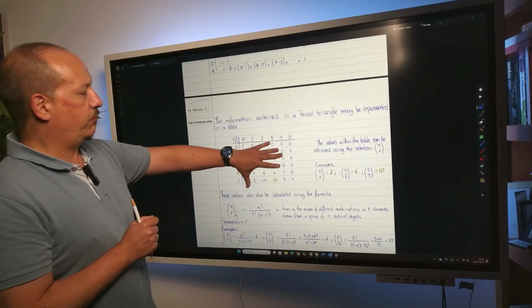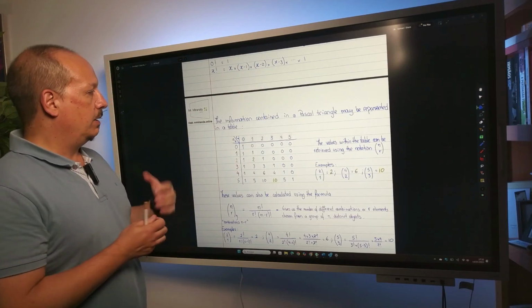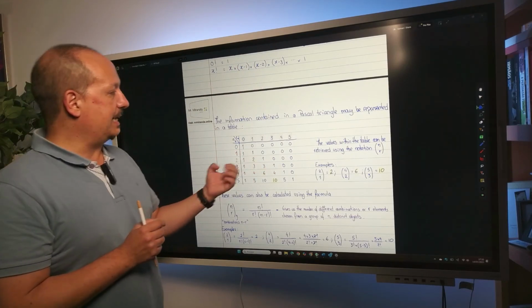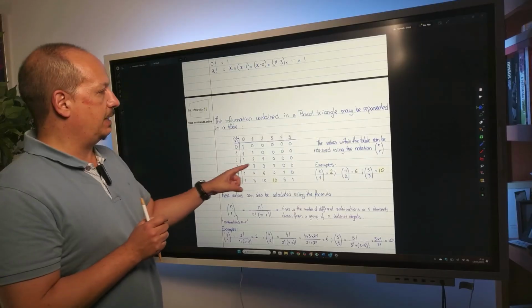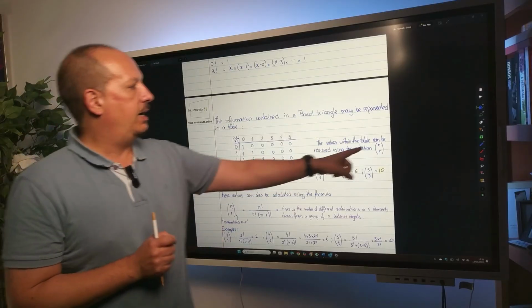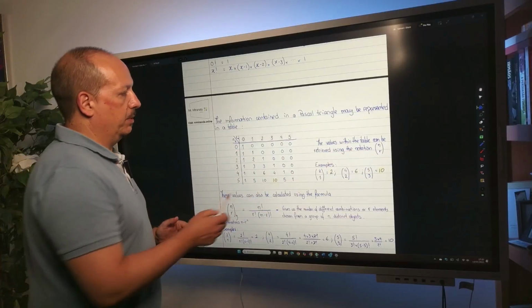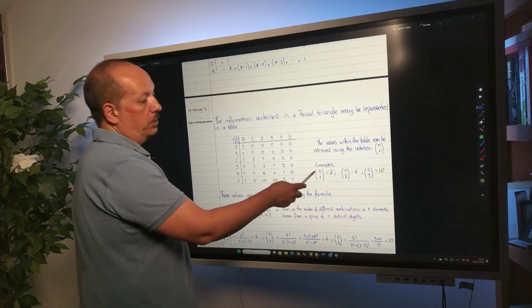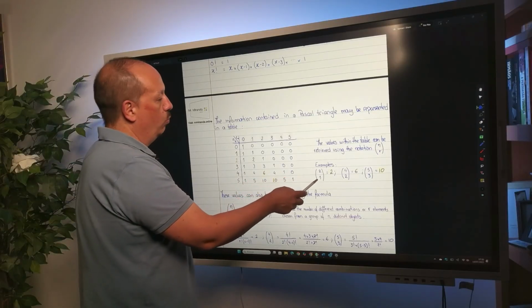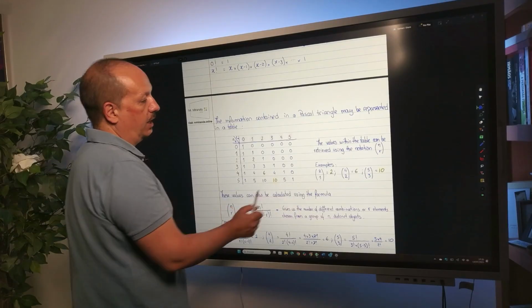That's just the information that I had in the triangle. And what is the advantage of this? Is that you can retrieve each one of these values using this notation, nCr. For example, what is the value corresponding to the 2, 1, in which n is 2 and r is 1?